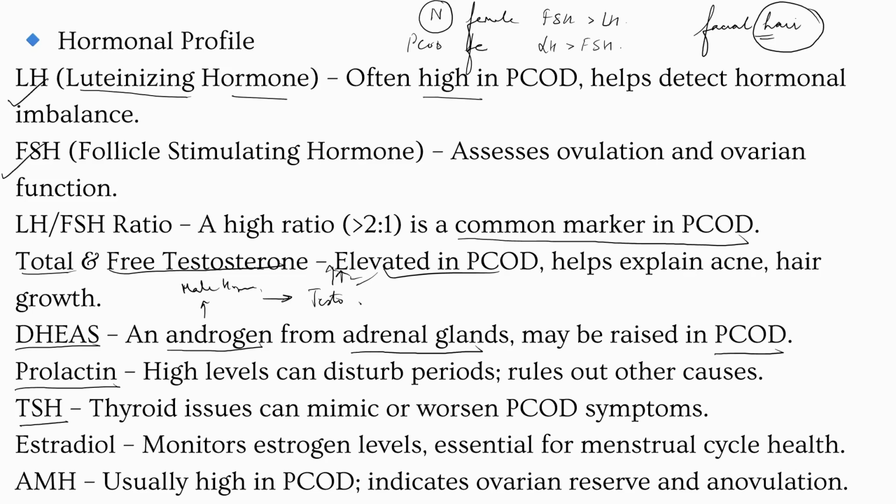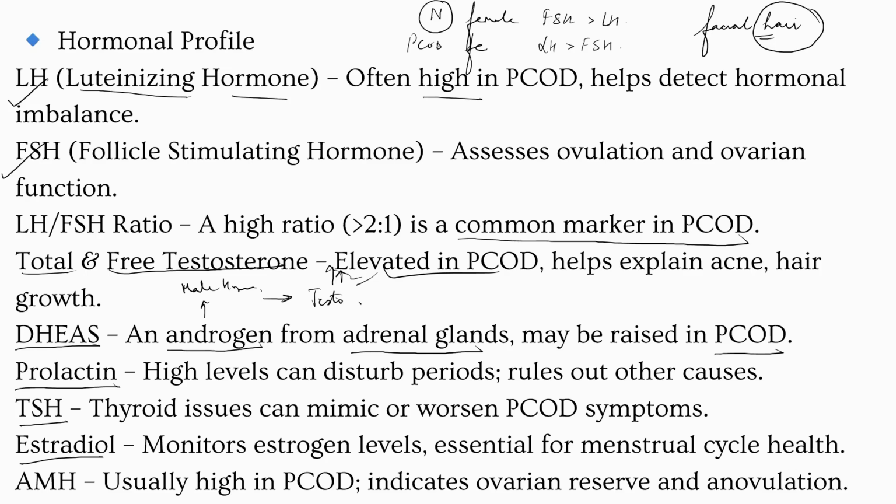It has nothing to do with PCOD, but if there is coexistence of thyroid problem, then yes, it can mimic or worsen PCOD symptoms. Like if because of thyroid, patient is having irregular periods, and now because of PCOD, she's having irregular periods, so it's like a double sword.